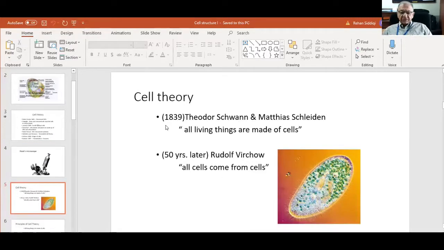This is what cell theory says. Schleiden and Schwann came up with cell theory, which says that all living things are made up of cells, and Virchow added to this cell theory that all cells come from pre-existing cells. He was a German cytologist, and in Latin he said omnis cellula e cellula, which means that all cells come from pre-existing cells.